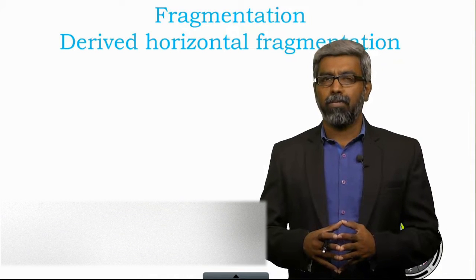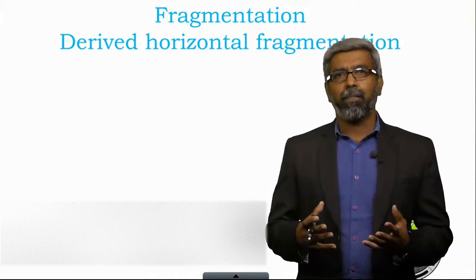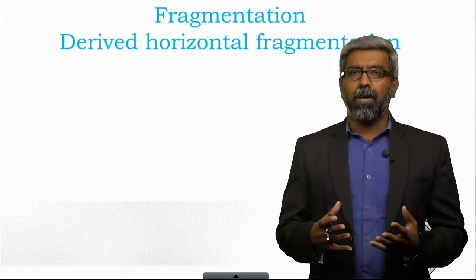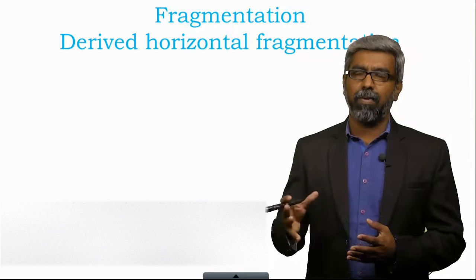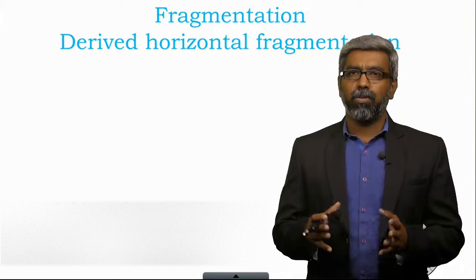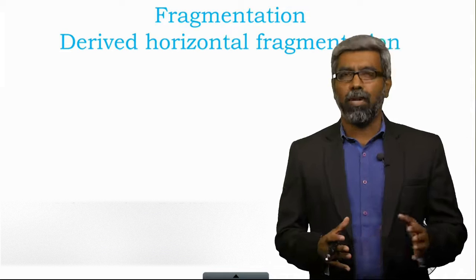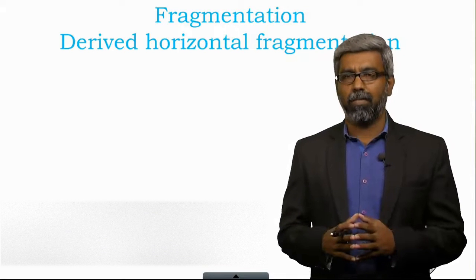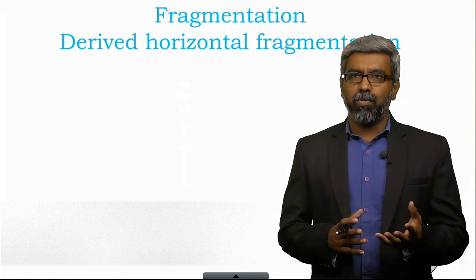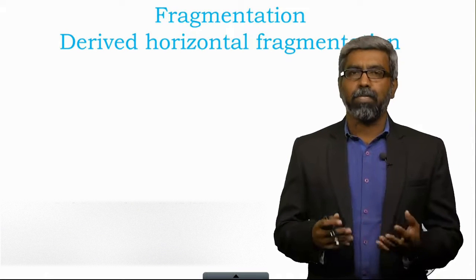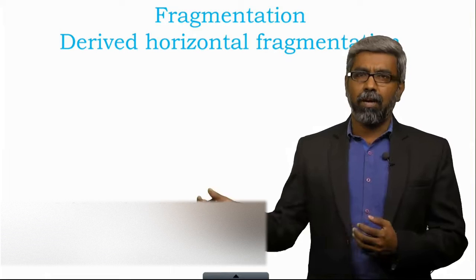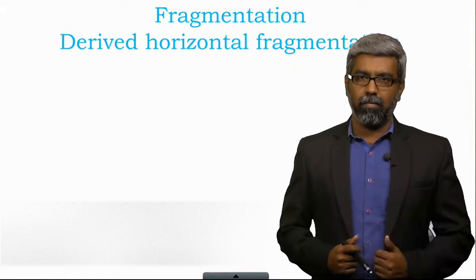Primary horizontal fragmentation is basically where a relation R is taken, and by applying different min-term predicates, we divide the table horizontally into several fragments.